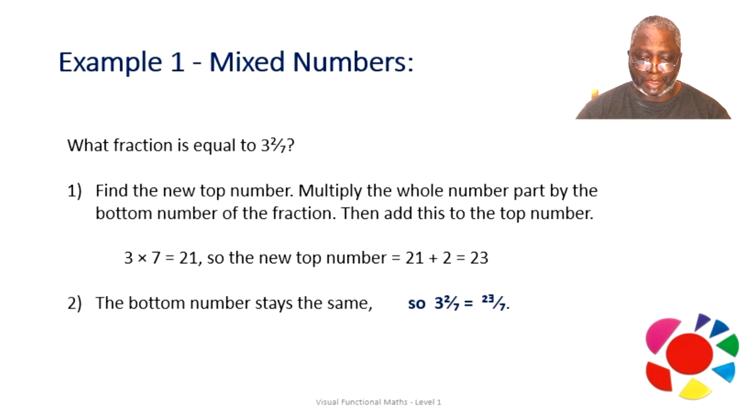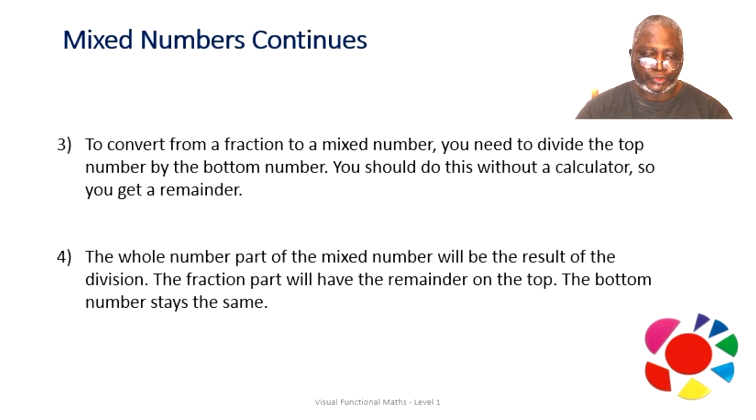So the new top number is equal to 21 plus 2, or 23. The bottom number stays the same. So your answer: 3 2/7 is equal to 23/7.